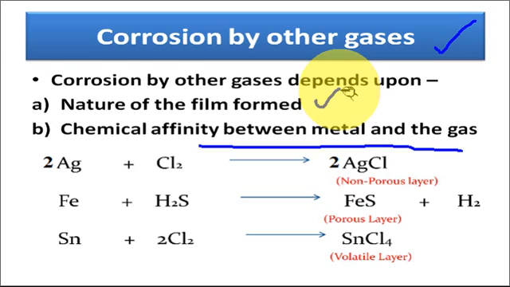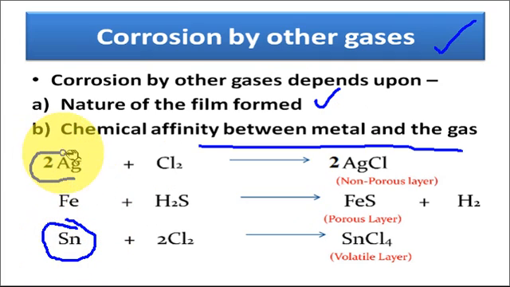onto the metal surface. For example, here two metals we are taking, tin and silver. Both metals show chemical affinity towards chlorine. That means in presence of chlorine, silver and tin both get reacted and undergo corrosion.